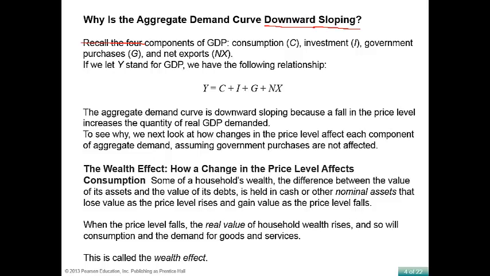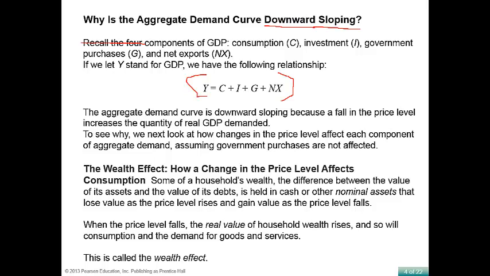If we wanted to write this equation algebraically with Y as the variable for GDP, we could come up with the following equation: GDP equals consumption plus investment plus government purchases plus net exports.